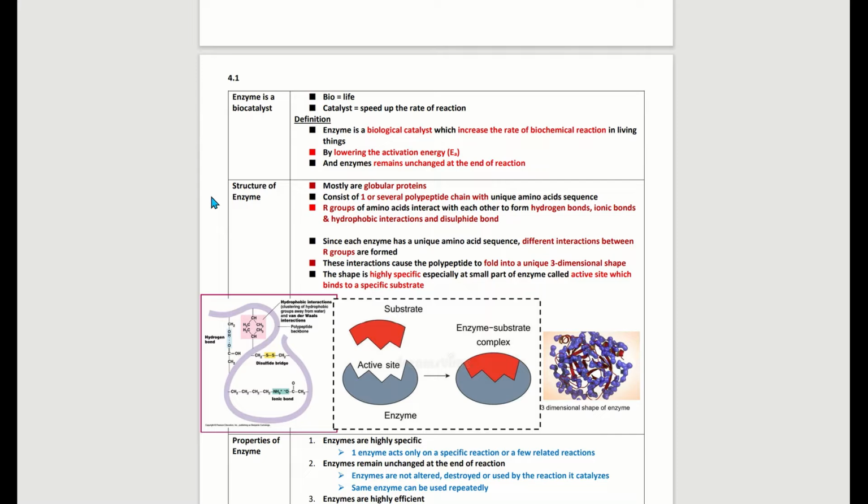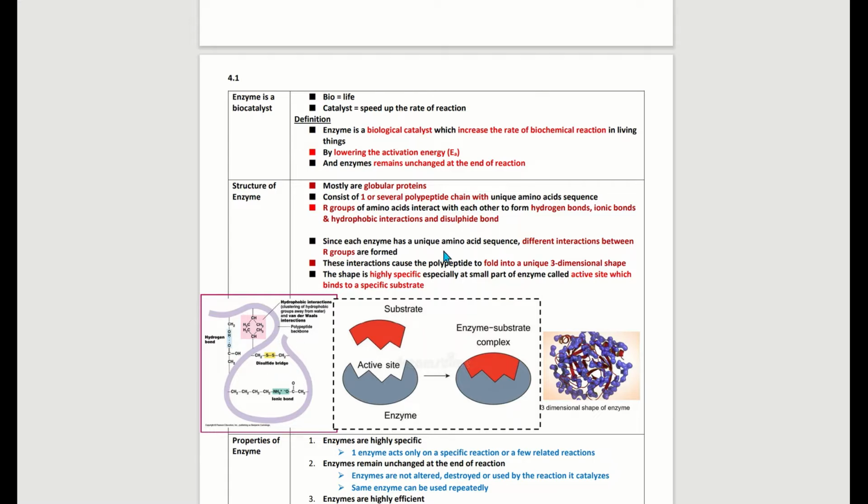Okay, so structure. So enzymes are mostly globular proteins. It consists of one or several polypeptide chains. Okay, so the R groups akan form hydrogen bond, ionic bond, hydrophobic interaction dan disulfide bond. So kita tengoklah dekat sini, ini daripada sem 2. Okay, so the R group of amino acid boleh form hydrogen bond, ionic bond, hydrophobic interaction and disulfide bridge.